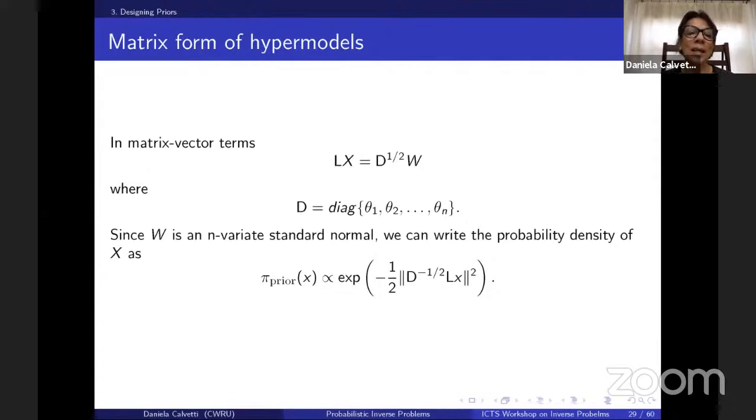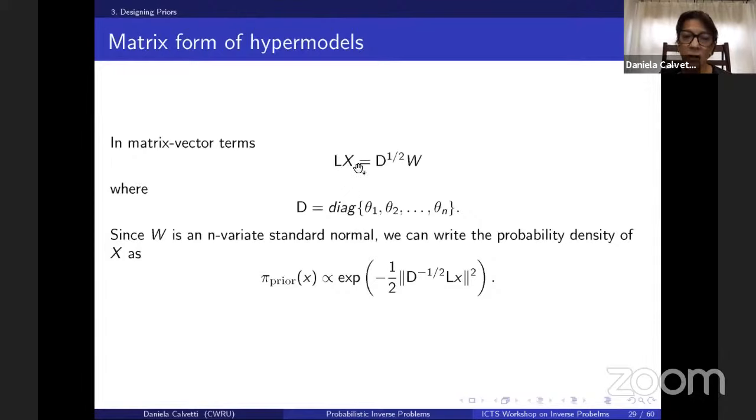So let's go back to the matrix vector notation that is extremely convenient also to keep things in blocks. And let's write our first order prior as L, or second order, because we could also have the L2 here. So let's write down what we say about X in the form of Lx. L is a fully known matrix here.